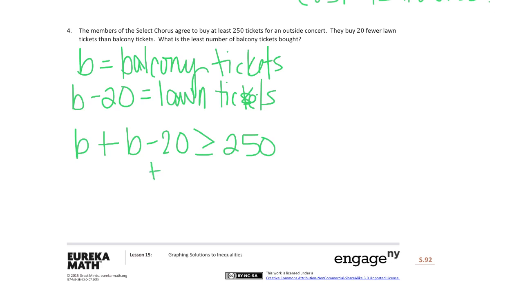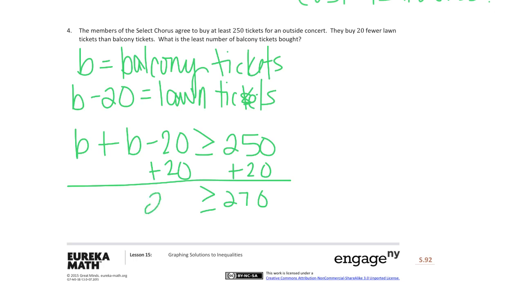To solve this, first thing I'm going to do is add 20 to both sides. And when I do that, I'm going to combine my two B's together and make that 2B. I'm going to divide both sides by 2, and so B must be greater than or equal to 135.